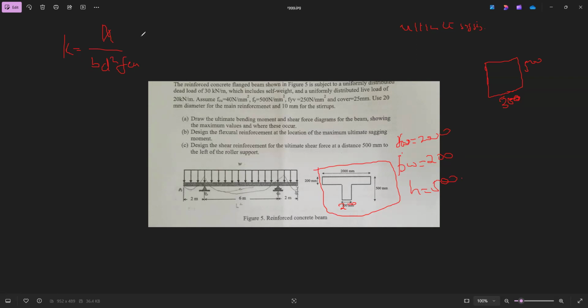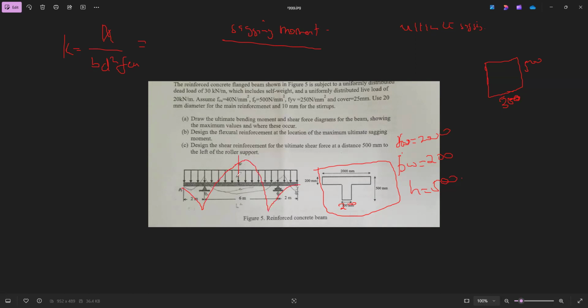Okay, it's not difficult. So let's first design for the sagging moments. In designing for the sagging moments, you choose a flange because the sagging moment was in the middle, right? It was like this.